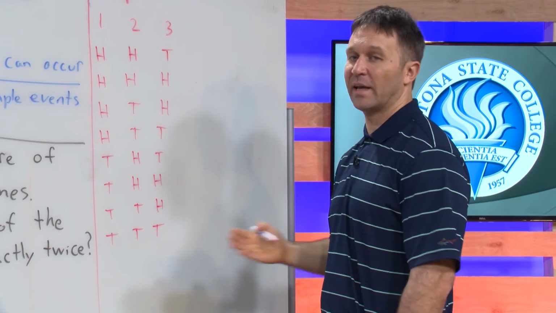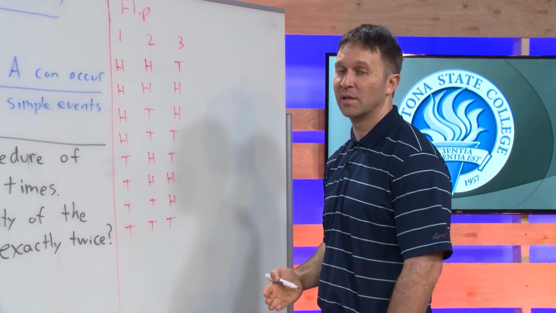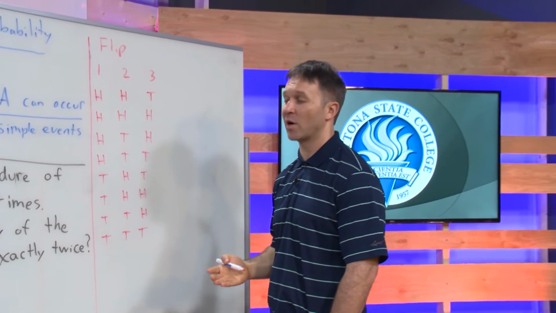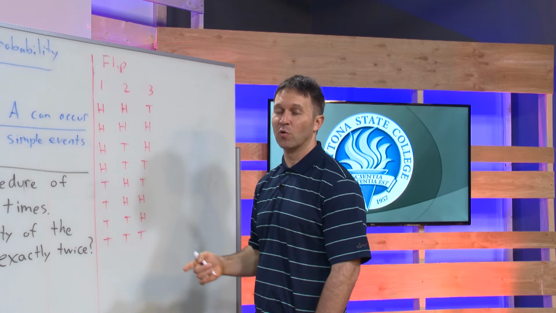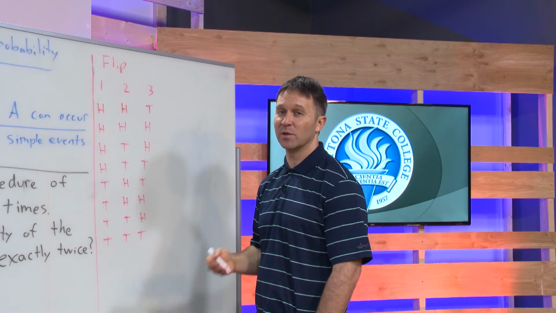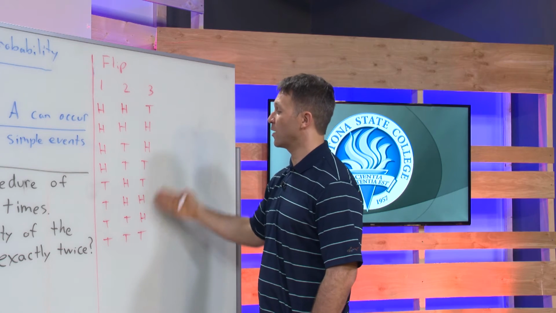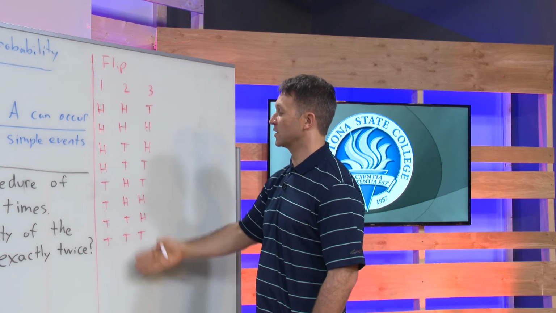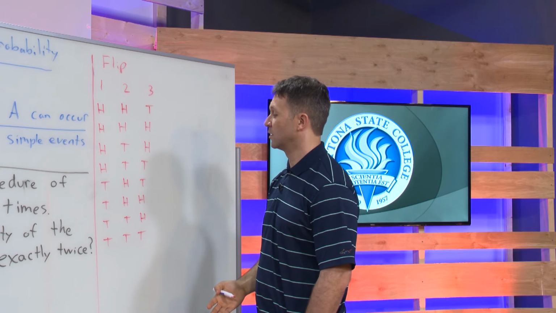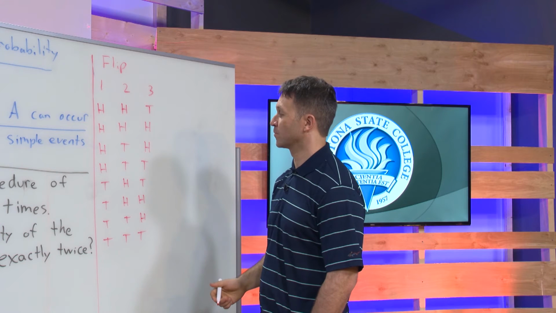All right, so I listed the 8 different possibilities that could happen if I flip a coin 3 times. And again, order is implied in the problem. It doesn't specifically mention the word order in the problem, but order is implied because we're talking about a first flip, a second flip, and a third flip. So when I think about this methodically and very slowly, I see that there's actually 8 different simple events, 8 different ways this procedure could turn out.